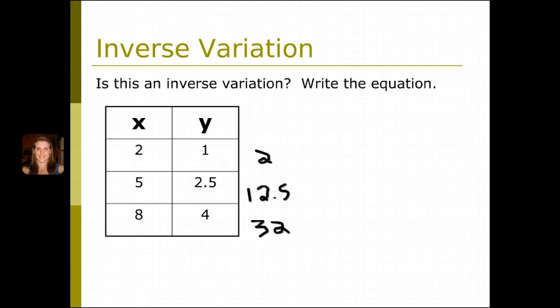These are not all the same numbers. They are not constant. Therefore, this is not inverse variation. If it's not inverse variation, then there can't be an equation for inverse variation. So we abbreviate with IV for inverse variation.